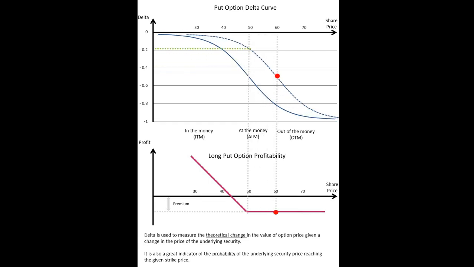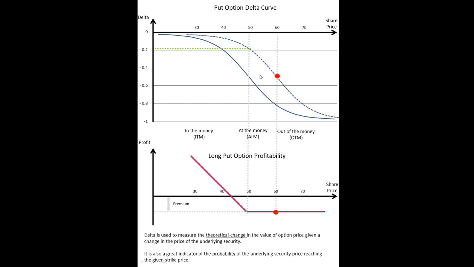As you can see, the share price moves up, and together with the share price, the delta S-curve also moves up. So now my original put option, which had a 50 delta, now only has a 19 delta. What does that mean in terms of probability? So originally, the option had a 50% probability, so it was at 50 delta.